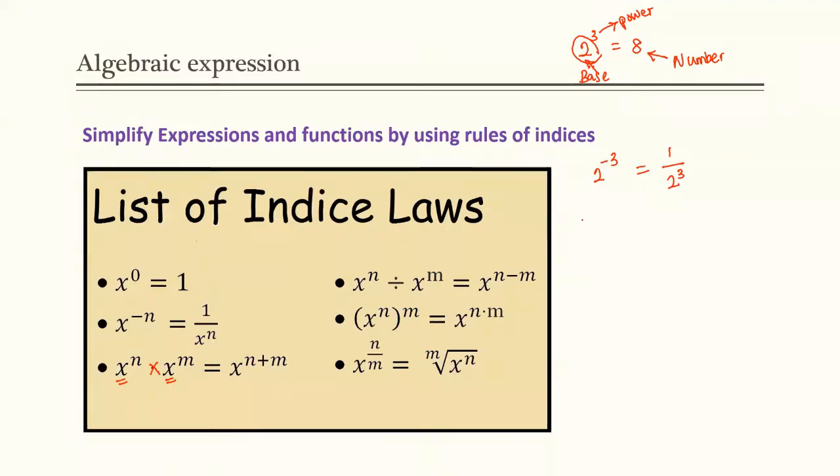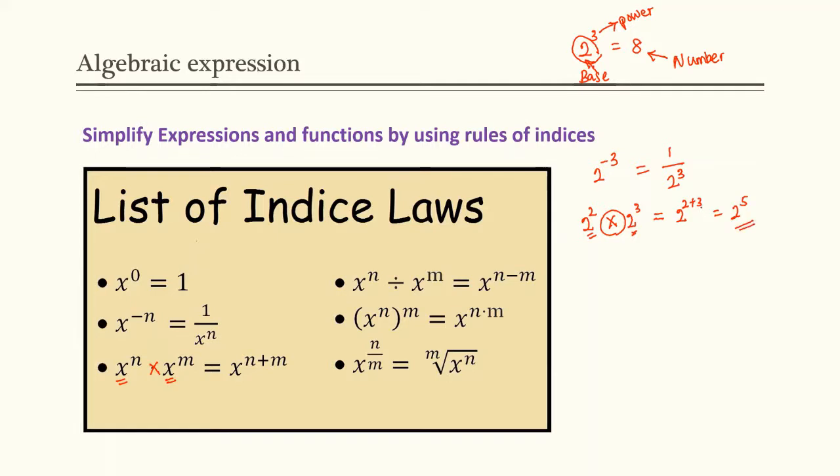It means like this: 2 to the power 2 into 2 to the power 3. This can be rewritten as how? The base is the same and there is this multiplication. Therefore, we should be able to rewrite this as 2 to the power 5.